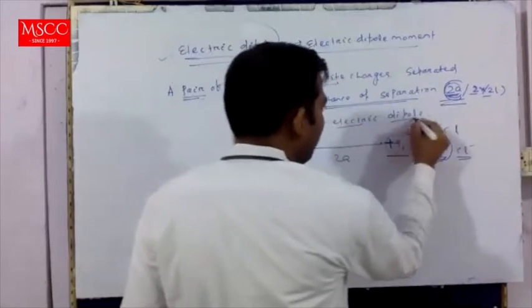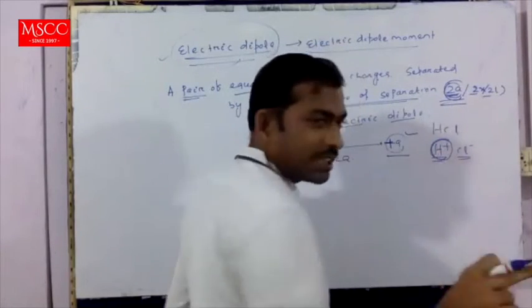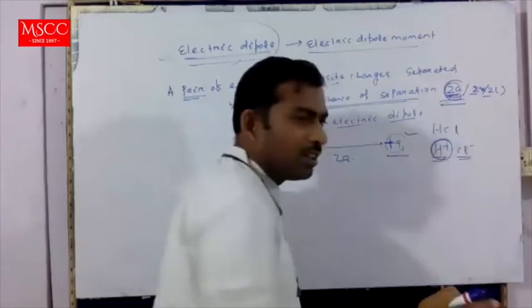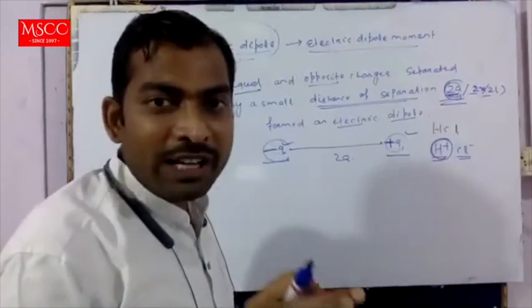Electric dipole means that the center of positive charge does not fall exactly on the center of negative charge.